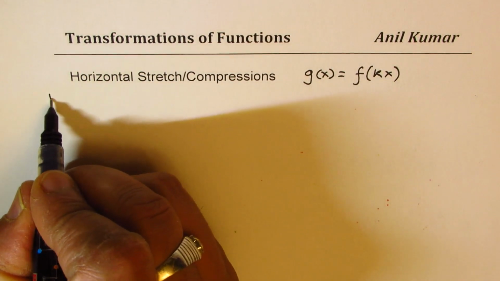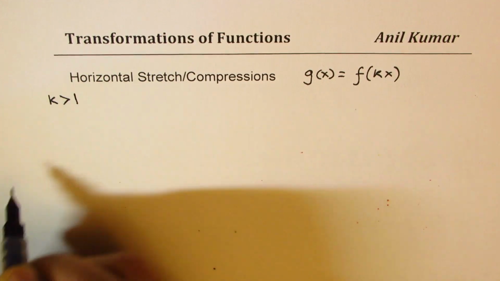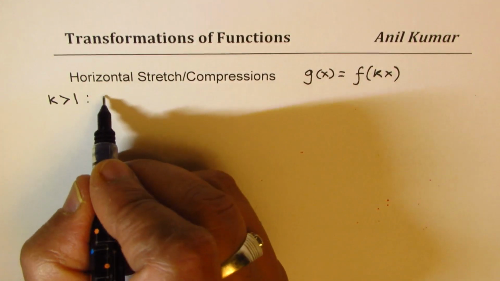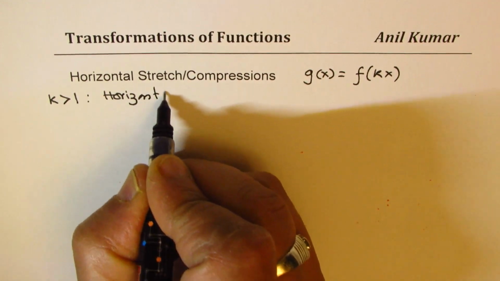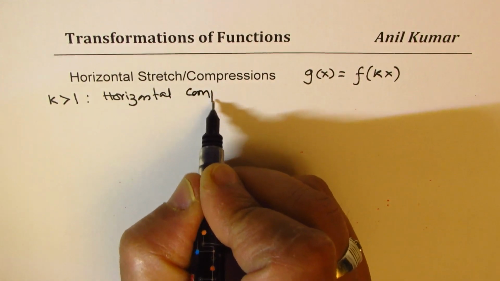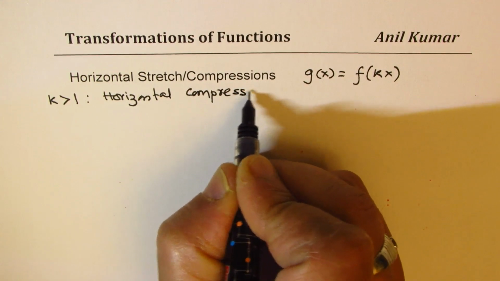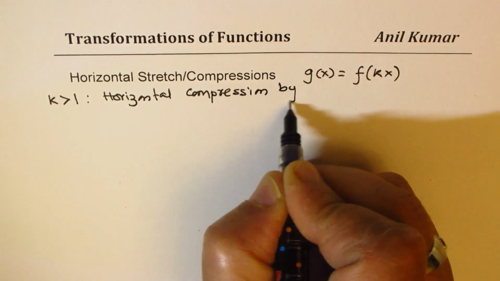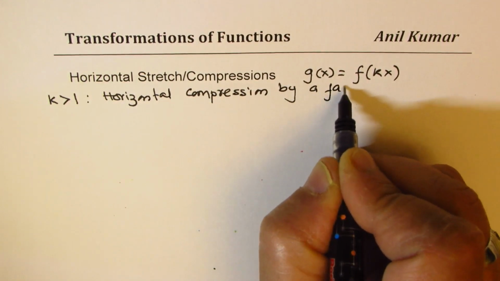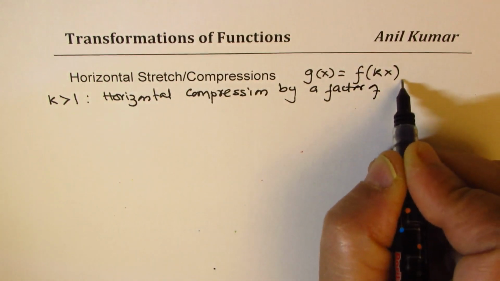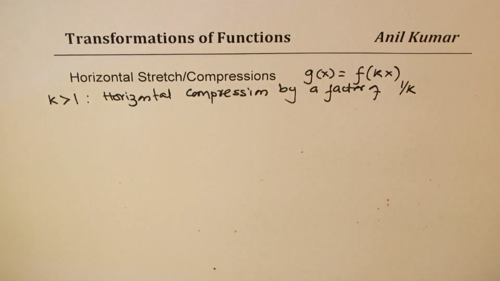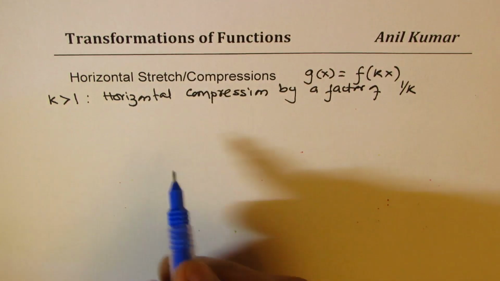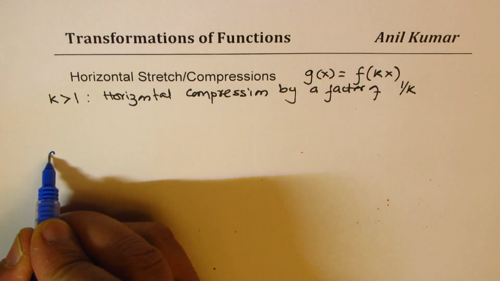If k is greater than 1, in that case we have horizontal compression by a factor of 1 over k, right?